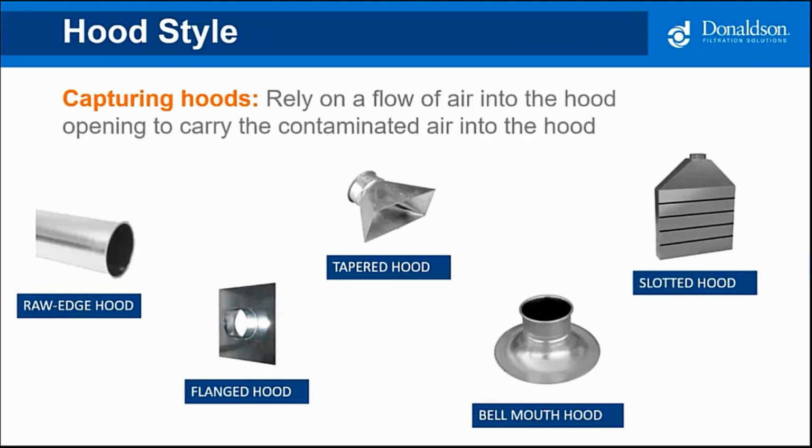I'm not going to get into the detail and the engineering behind why one is more efficient than the other, but if you look at the bottom right, the bell mouth hood is classified as the most efficient hood. So I can design with this hood or the raw edge, but I must put into my calculations the static loss that is created by one hood design versus the other.